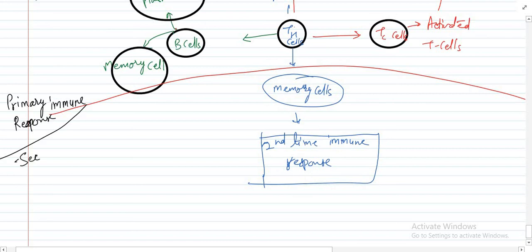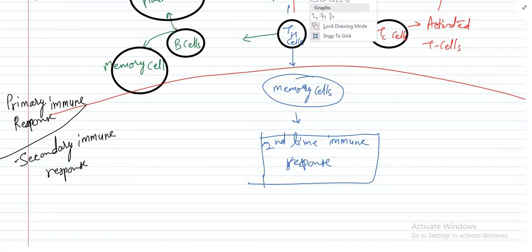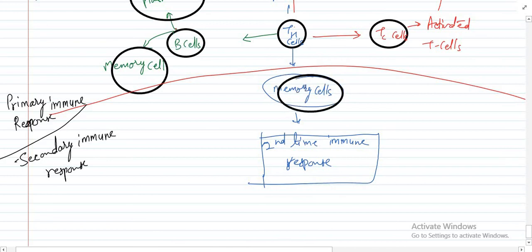The secondary immune response is where the memory cells start working and give the signal to kill the pathogens.